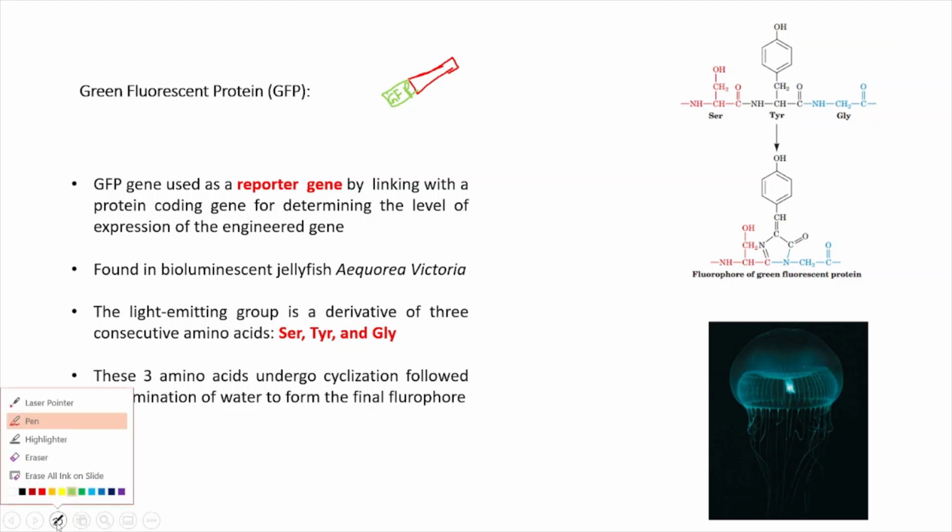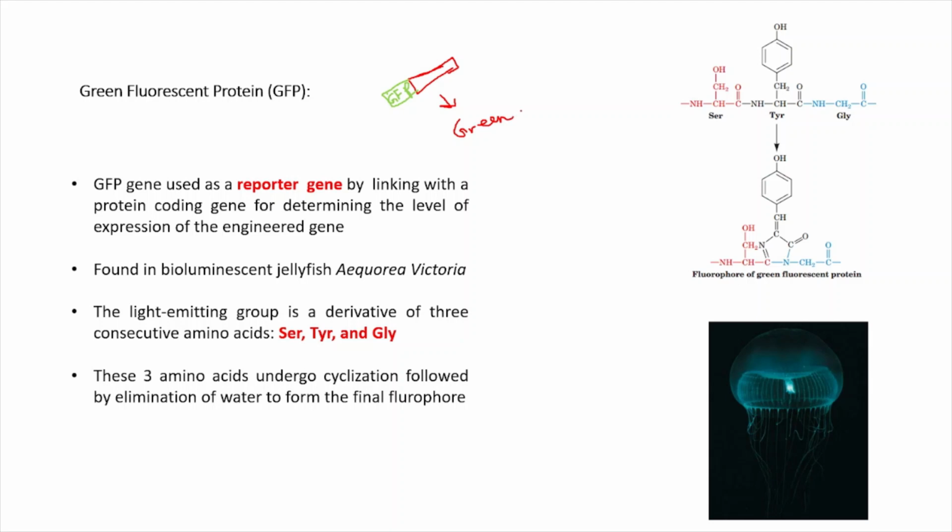That is an indication that your desired protein has been expressed. If this gene is expressed, you will observe the green fluorescence. Why? Because this protein is attached with this GFP gene.